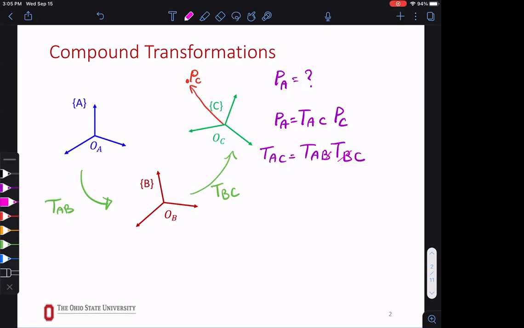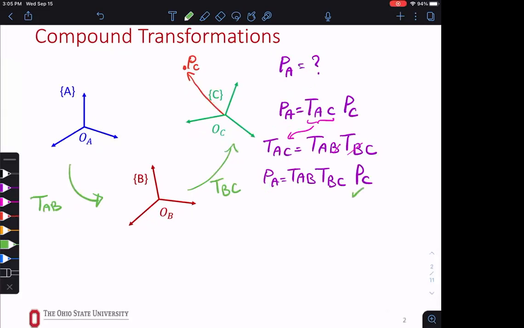You can also walk from this frame to this frame to this frame as if you're walking from A to C. Now, if I replace this guy, then P_A would be T_AB T_BC times P_C. So here, I know what P_C is, they gave me, right? That was our known value. I know these two as well. So all you have to do is multiply these three.